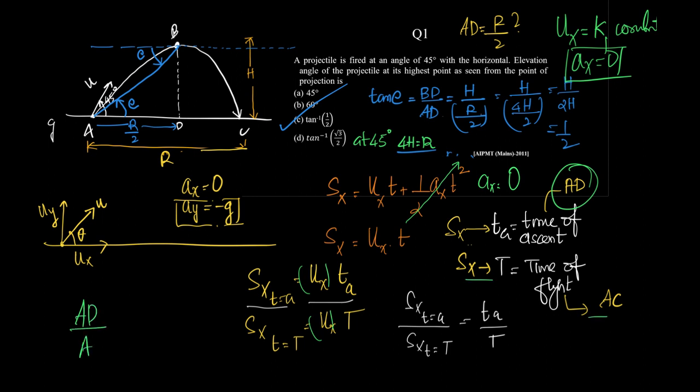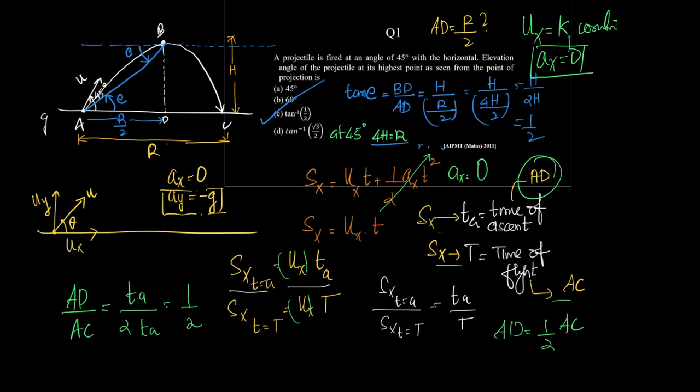It is AC, equal to Ta by, what is time of flight? We know that it is 2 times time of ascent. So this becomes 1 by 2. So in short, what we get is AD is equal to half into AC.